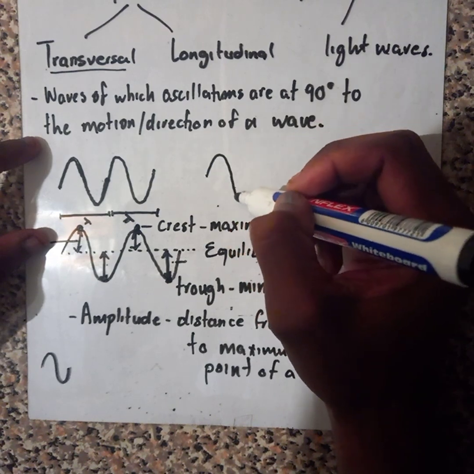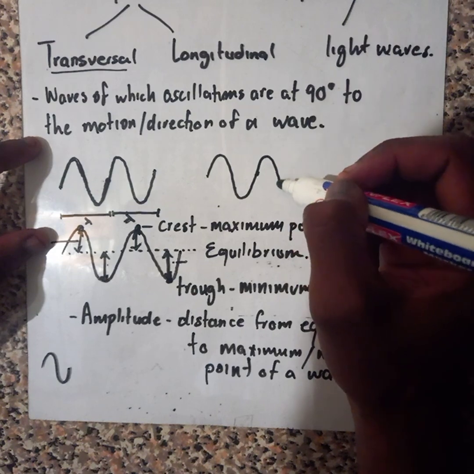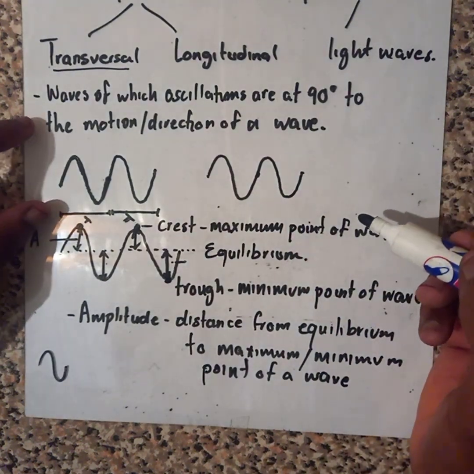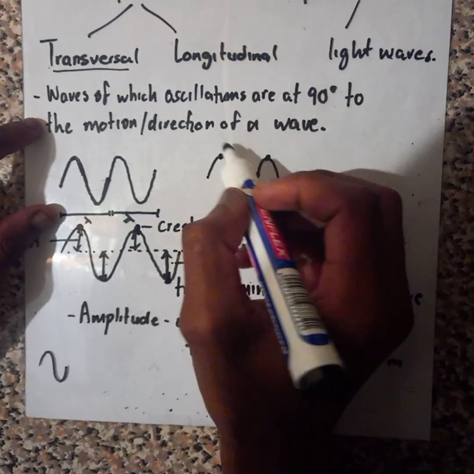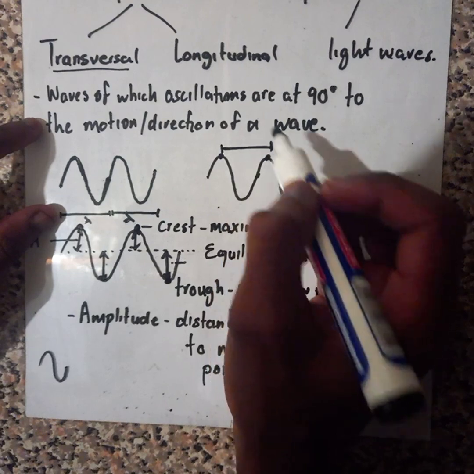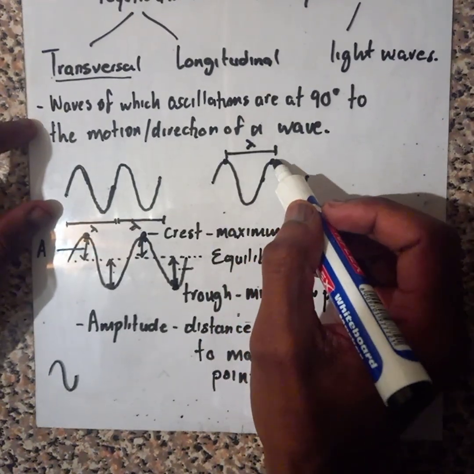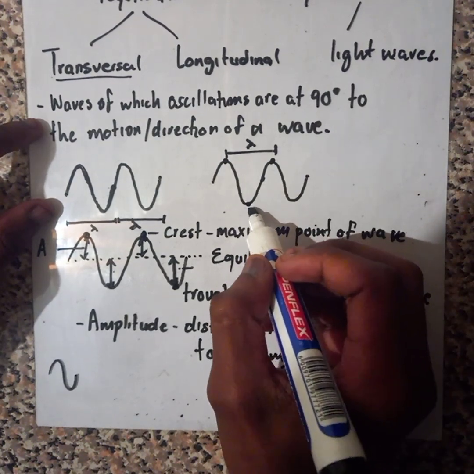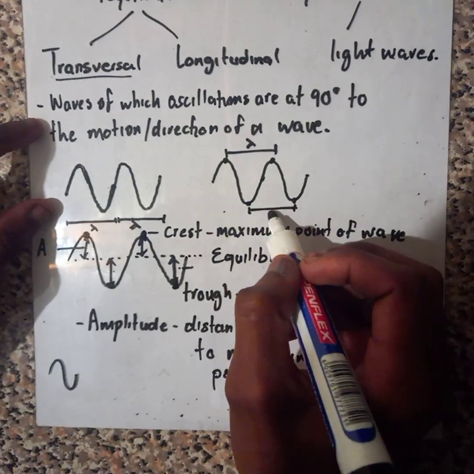There is another way of identifying your wavelength. You can use your crests. From one crest to another, we have a full cosine graph. We also have from this one till this one, another cosine graph.